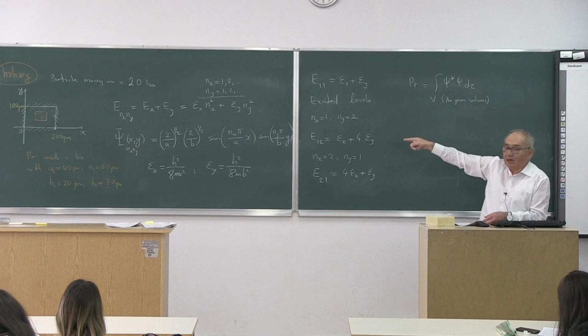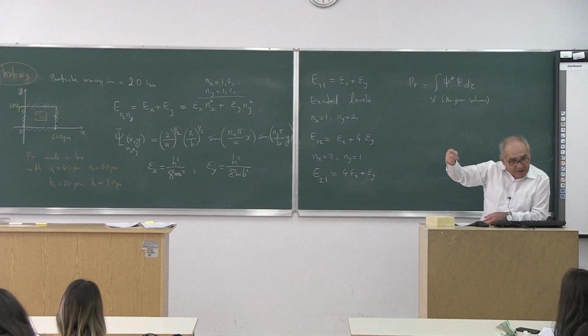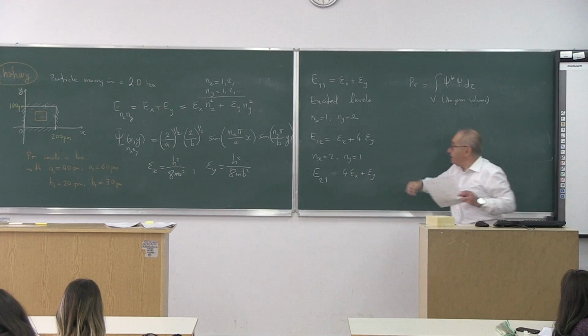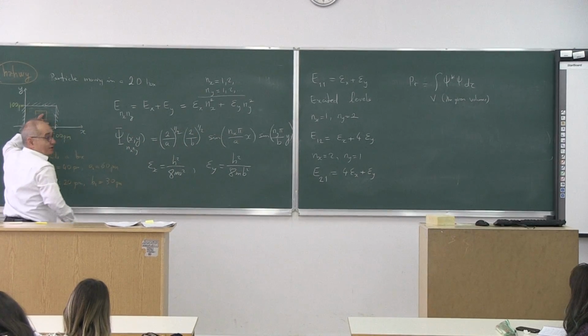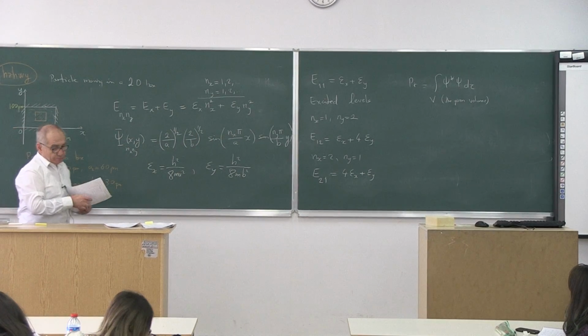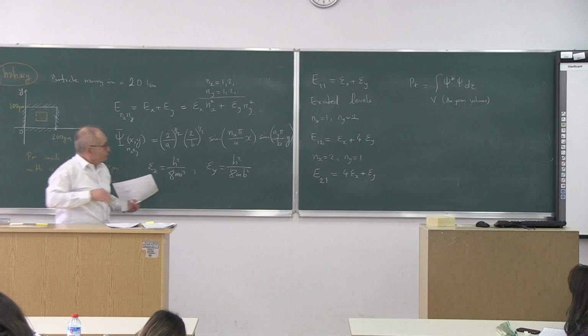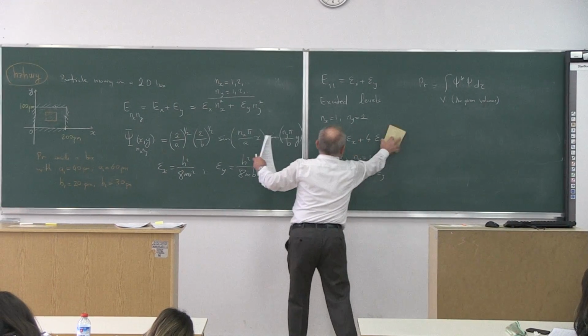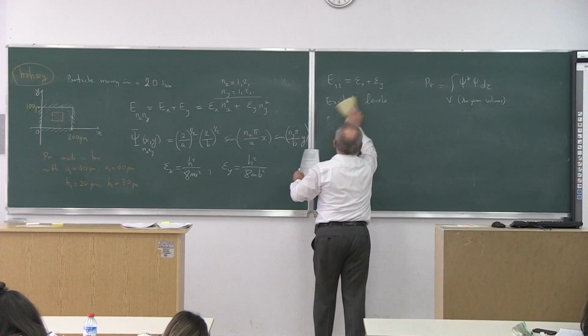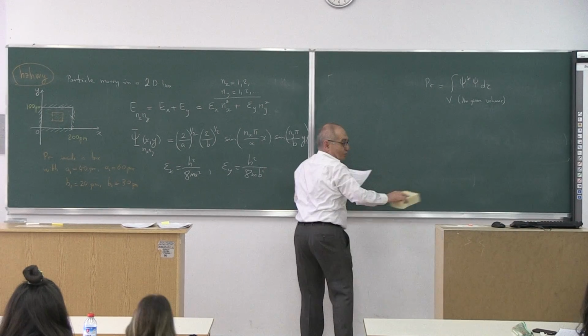So in our problem, it's a 2-dimensional integral. And the volume of integration is just this box here. Maybe I will write this again later, but I need some space on the blackboard.